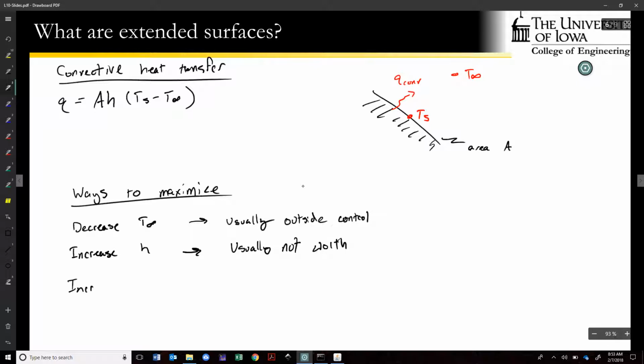We can also try to increase the surface area. And this is the whole idea behind extended surfaces.